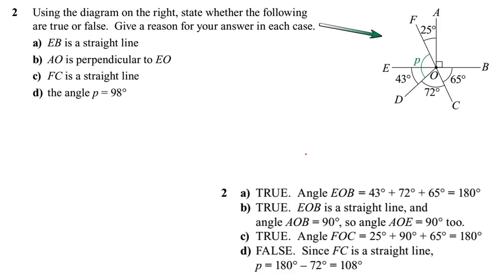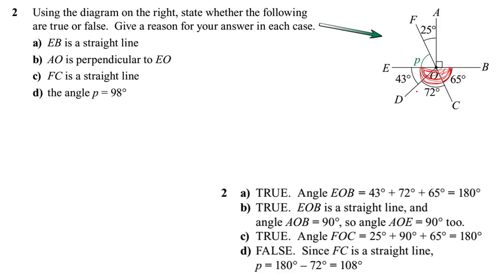Okay. Now here they say that angle EOB, in other words, the whole of this angle here at the bottom. So that's the angle they're talking about. If I was to color it in, that's the angle they're talking about. So the whole of that angle there should be 180. Now, how did they know that?